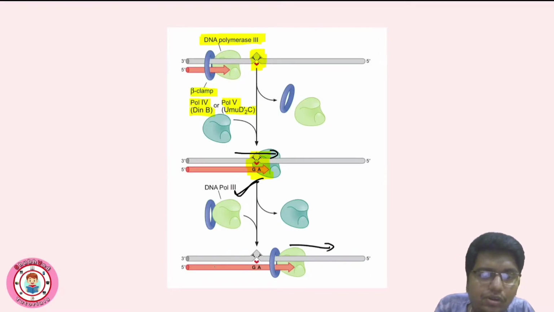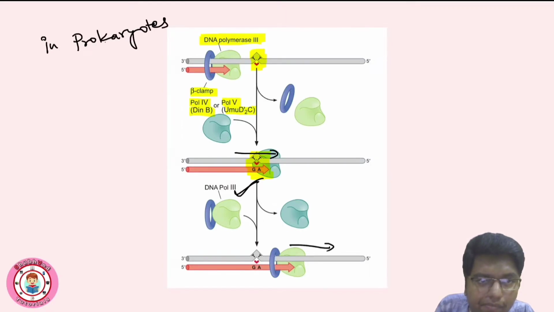So for a short stretch of damage or lesion, this translesion polymerase comes: polymerase IV, also known as DinB, or polymerase V, known as UmuD2'C. So this is in prokaryotes. Very simple.